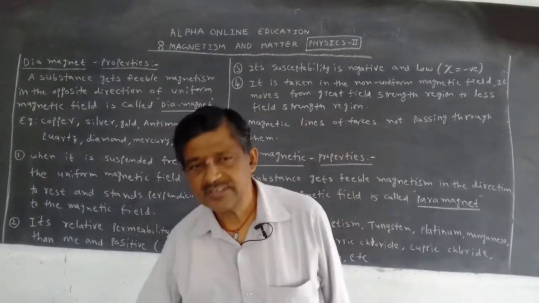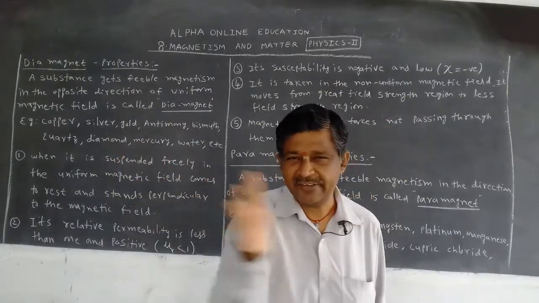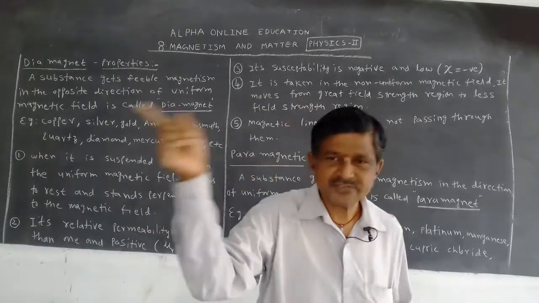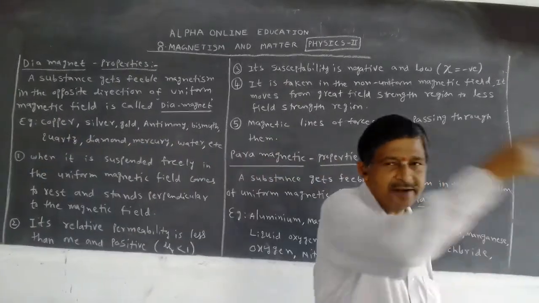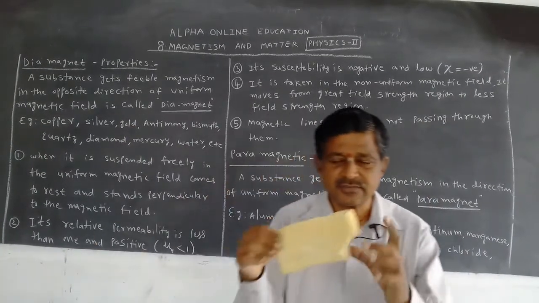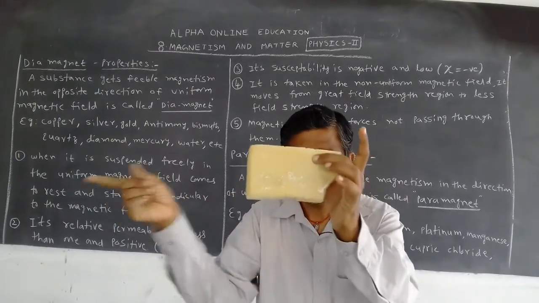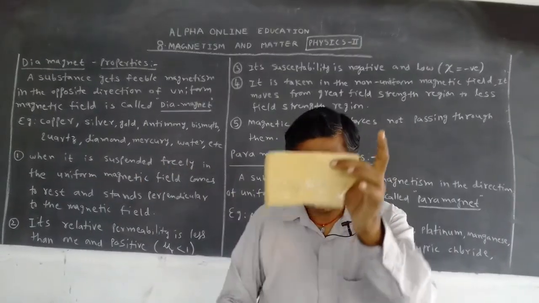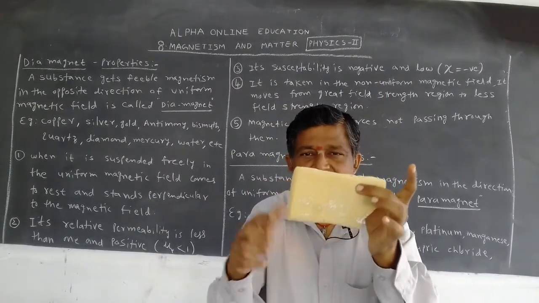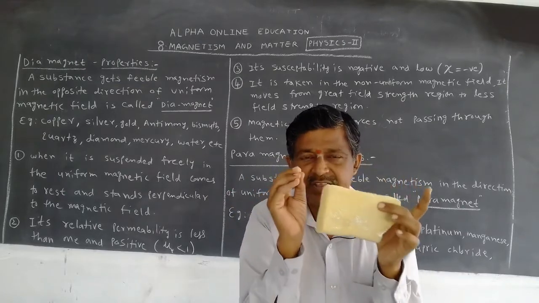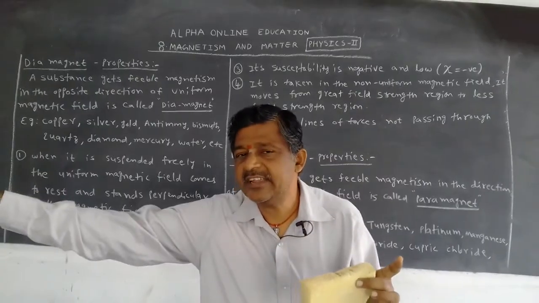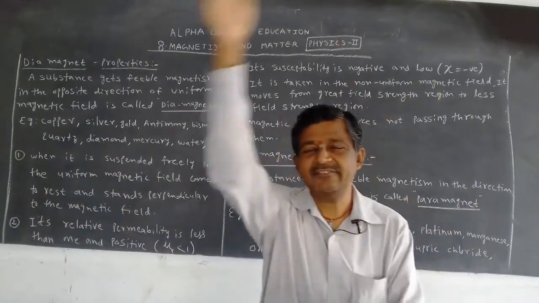We know the uniform magnetic field. In the uniform magnetic field, the magnetic lines are in this direction. If you take a substance in the uniform magnetic field, in this substance we get feeble magnetism in the opposite direction of the external magnetic field.